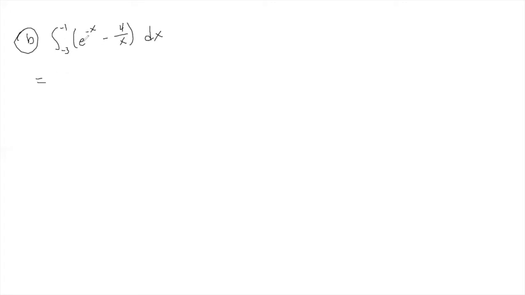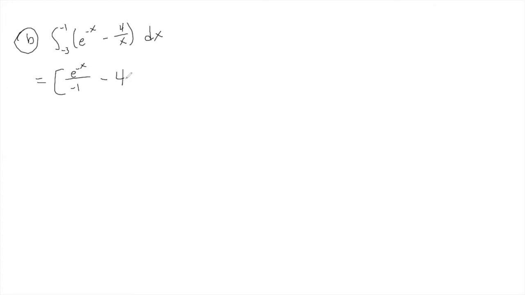I have e to the -1 times x. That means I get as my antiderivative e to the minus x divided by -1. That'll just end up being negative e to the minus x, but I figure I might as well show it.